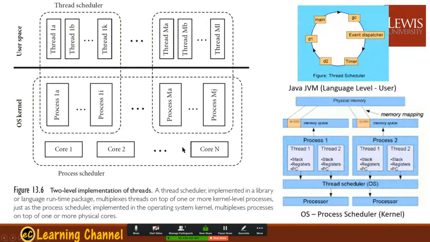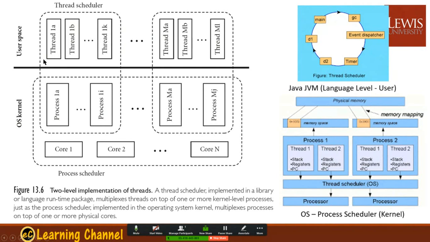So here we have the two-level implementation for threads. We have threads, and then we have processes, and processes will be scheduled to processor cores. That's called two-level threads. So a thread belongs to some program, some process, and then there are several threads in one process.